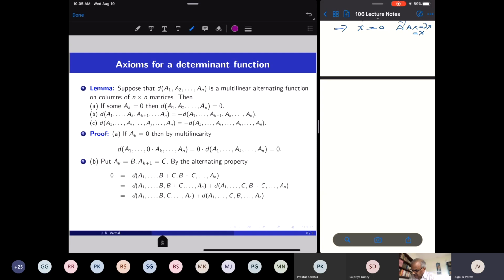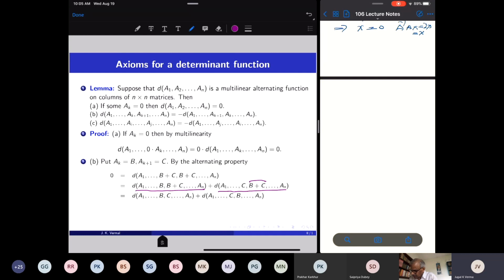Now I will use the multilinear property in the other B plus C as well. When you split this, in one term you will get a matrix where two column vectors are B and B. That will be 0. And in another term you will get D(A1, ..., Ak-1, C, C, ...), and that D will be 0.